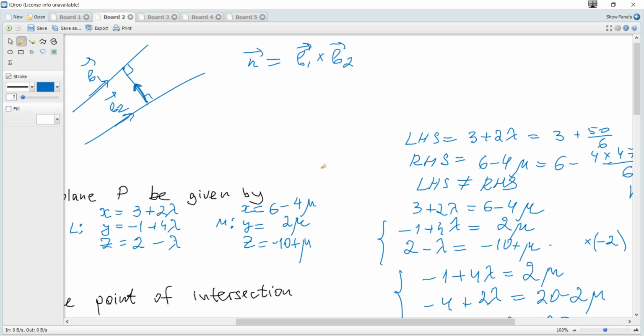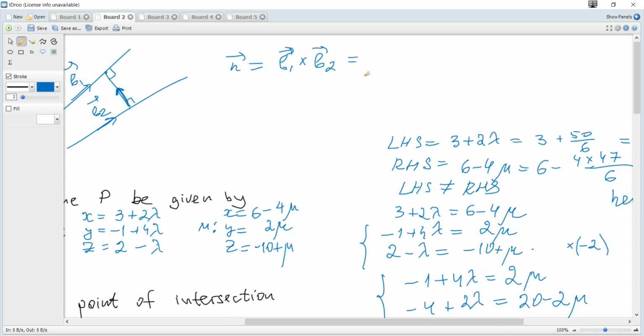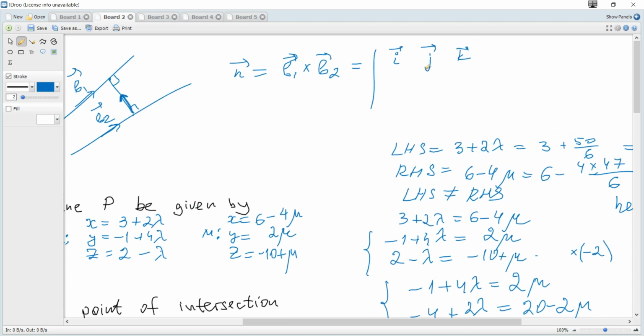Length doesn't matter, and you may use a formula from a data booklet. I use another formula. It's a determinant of the matrix i, j, k; b1 is 2, 4, -1, and b2 is -4, 2, 1.